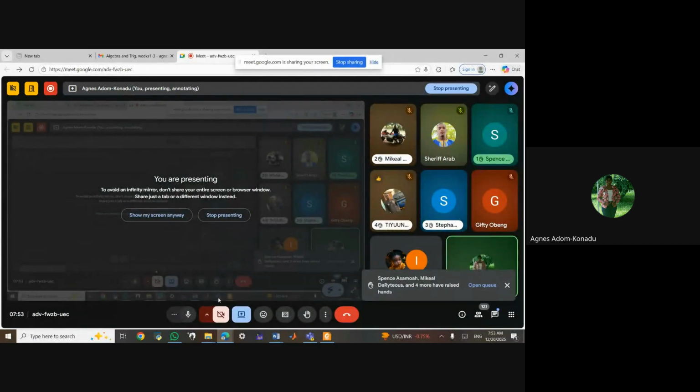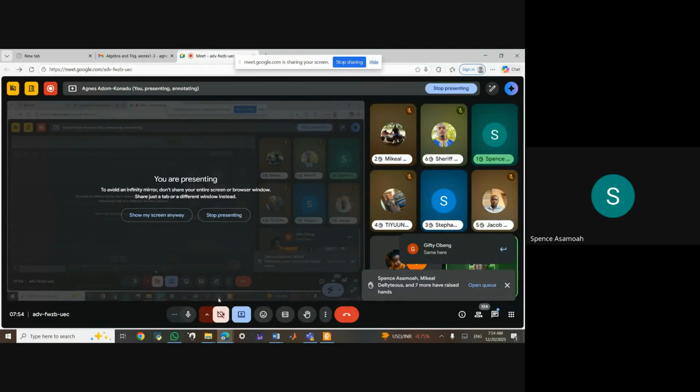Spencer, your hand is up. Okay, Spencer, please say. That's the situation whereby the elements given don't have anything in common. No element is found in each, so they can't intersect.